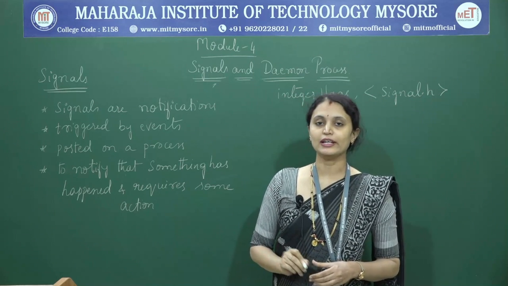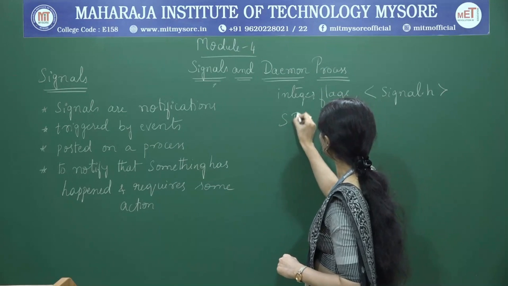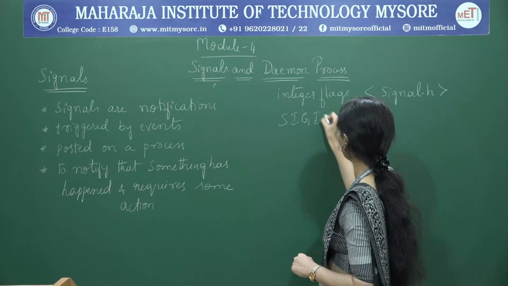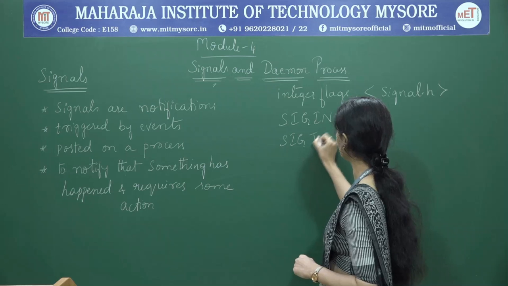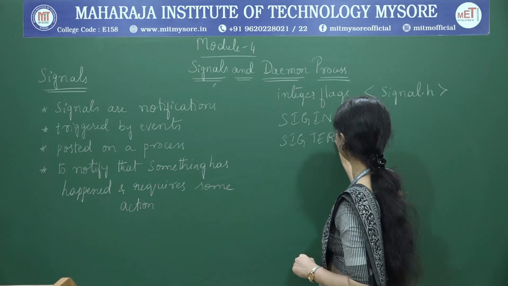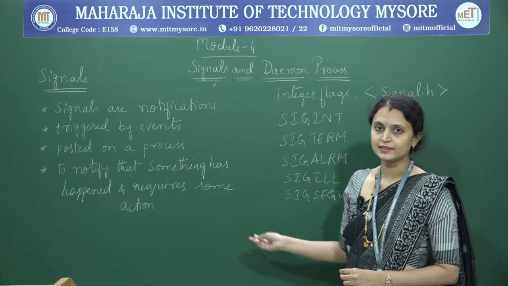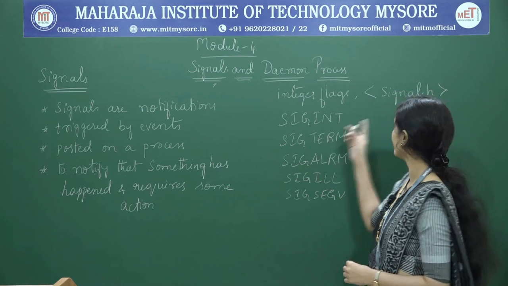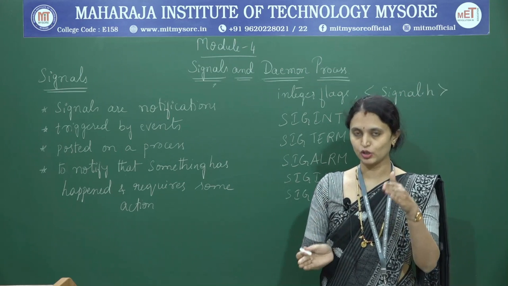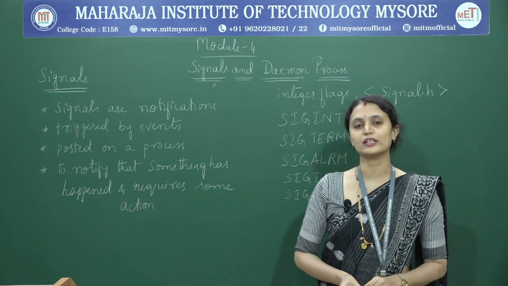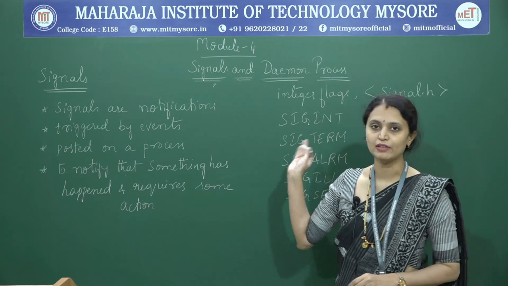Now let us list out some of the signals, such as SIGINT and SIGTERM. Here I have listed a few signals, the integer flags that are defined under signal.h. Actually there is a long list of signals defined under signal.h, so here, just as an example, I have listed a few.